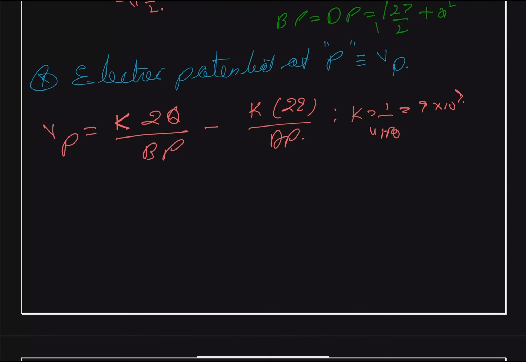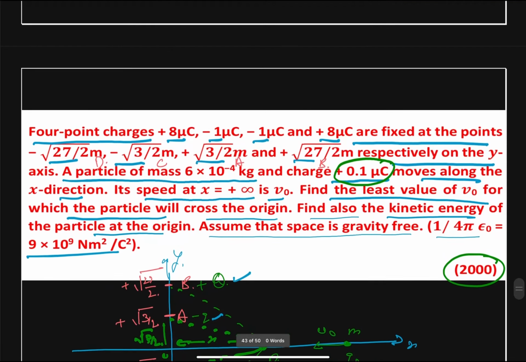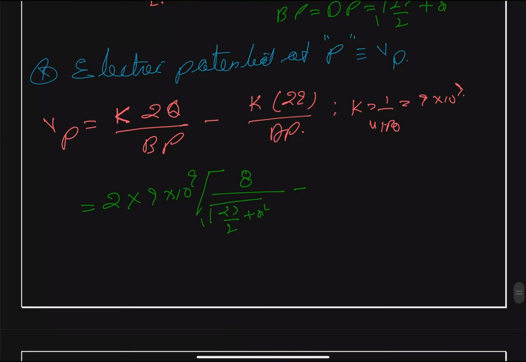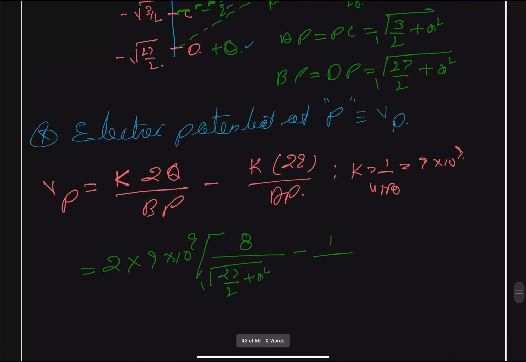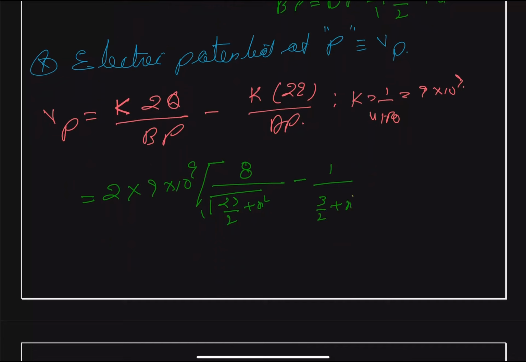K we can take as common, 2 also as common, and we get 2 into 9 into 10 to the power 9, and capital charge Q is given as 8, and BP is the square root of 27 by 2 plus x square, minus the other charge given as 1 microcoulomb, divided by the square root of 3 by 2 plus x square, with 10 to the power minus 6 because of the microcoulomb.